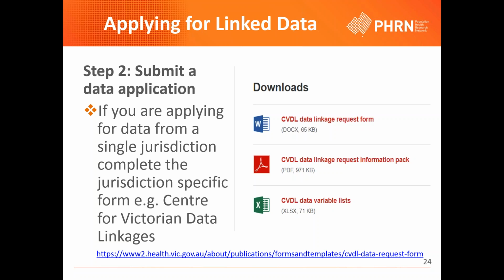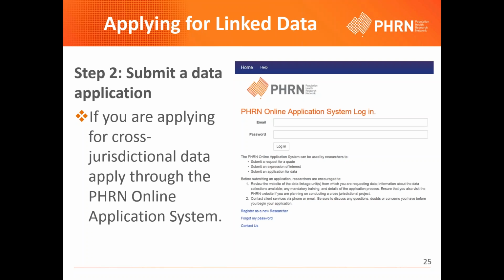If you decide you want to go with the whole cross-jurisdictional linked data project, which might suit a lot of clinical trial researchers, you'll need to go onto the PHRN website and submit an application for cross-jurisdictional data. So the benefit of the online application system is that you can use the same form whether you just want to submit a request, an expression of interest, or an application for data.